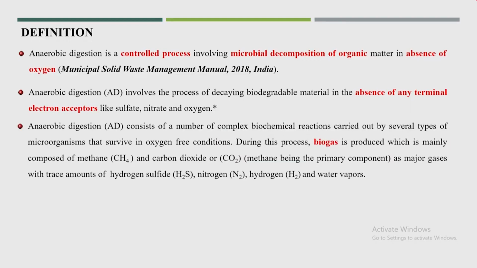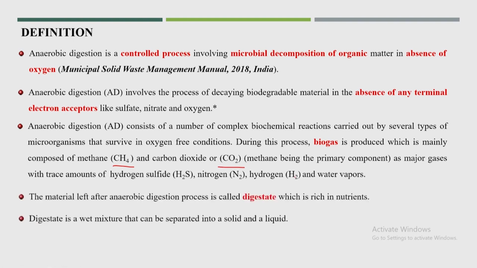Anaerobic digestion consists of a number of complex biochemical reactions carried out by several types of microorganisms that survive in oxygen free condition. During this process biogas is produced, which is mainly composed of methane and carbon dioxide as the major gases, with trace amounts of hydrogen sulphide, nitrogen and water vapors, but the major compositions are methane and carbon dioxide.